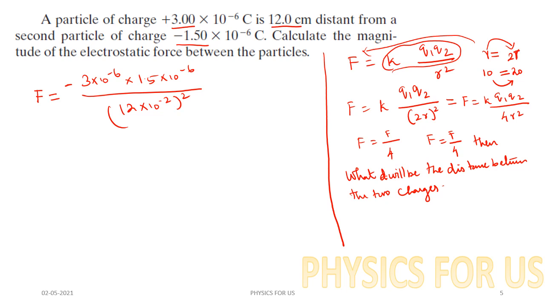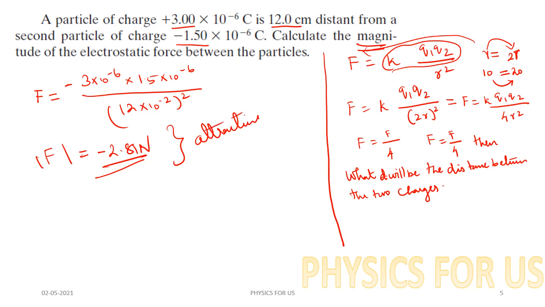Here they asked the magnitude of the electrostatic force between them. If magnitude is asked, then we just neglect the negative sign, and F will be 2.81 Newton precisely, right?